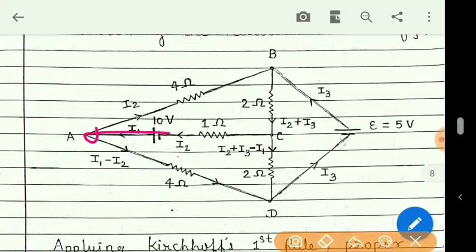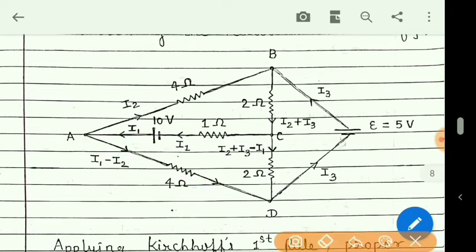A, C, D, A, so this triangle. So we can apply the Kirchhoff law starting from point A, and you can move in this direction or in this direction, that is clockwise or anti-clockwise.